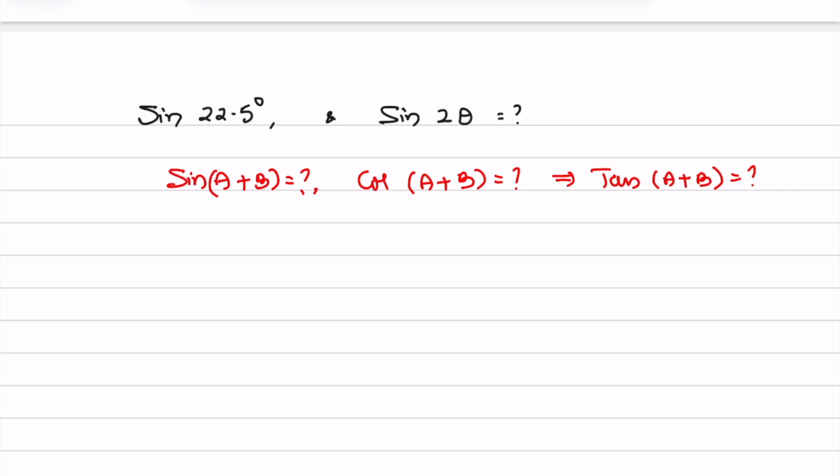And in the next class, we will be finding the value of sin 22.5 and sin 2 theta for different values of theta. And we also got the value that sin 90 minus theta is equal to cos theta. That is a very, very important one. Sin 90 minus theta when theta is less than 90.